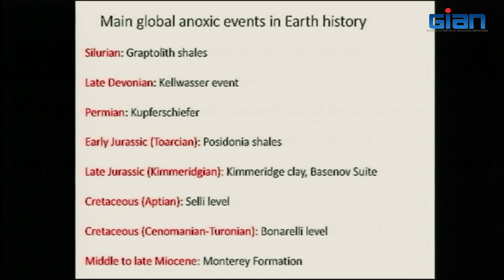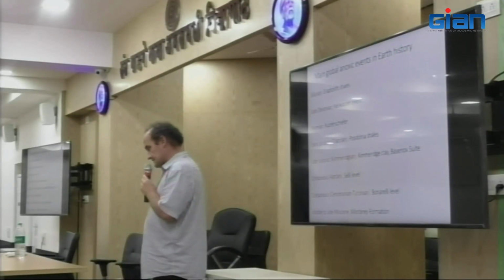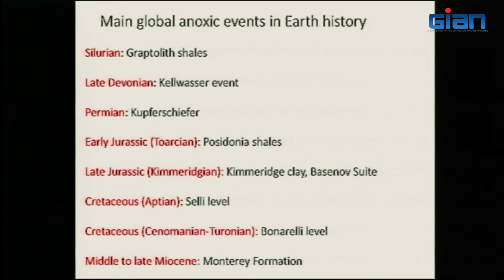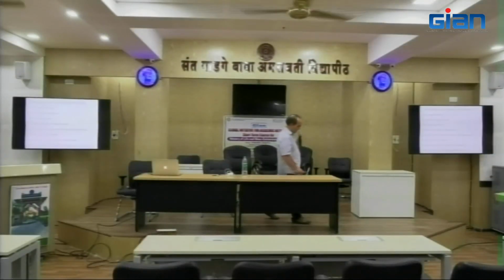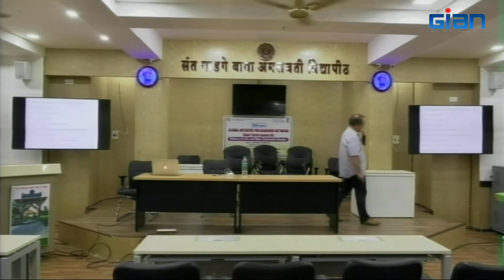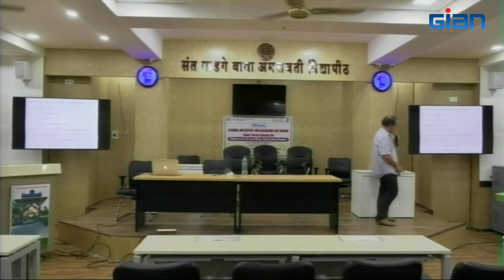Silurian, the graptolite shales, I will go back to that later on. Late Devonian, the Kellwasser event sometimes may deliver some oil and gas, because they are quite well distributed all around the world, and this one corresponds to a mass extinction event.